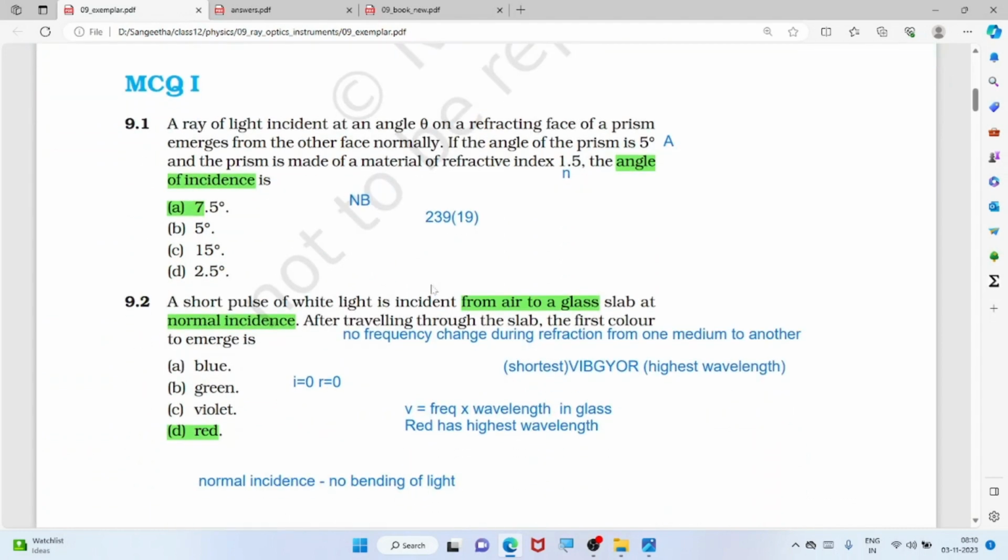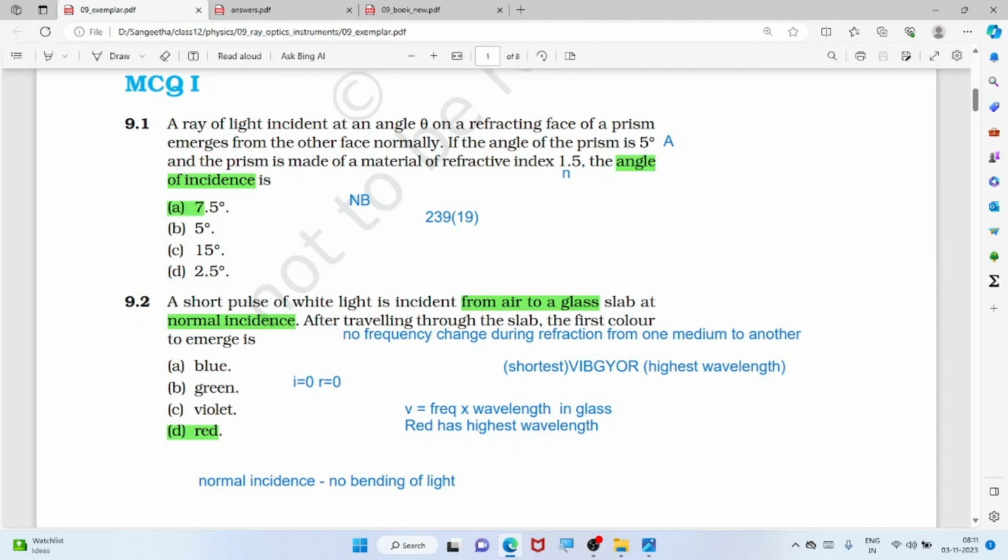A ray of light at incident angle theta on the refracting face of a prism emerges from the other face normally. Emerging normally means R2 will be 0.